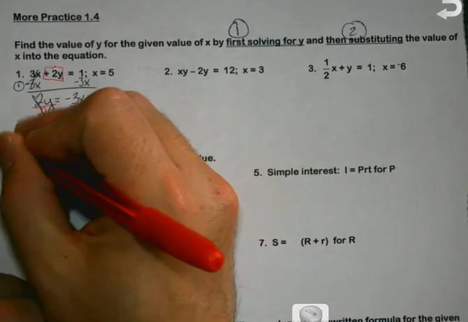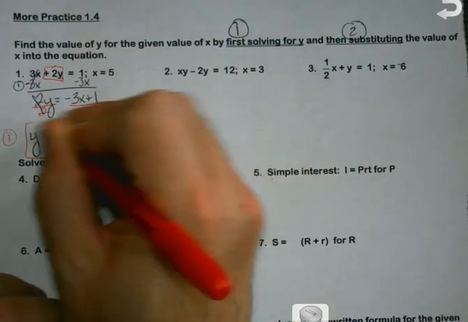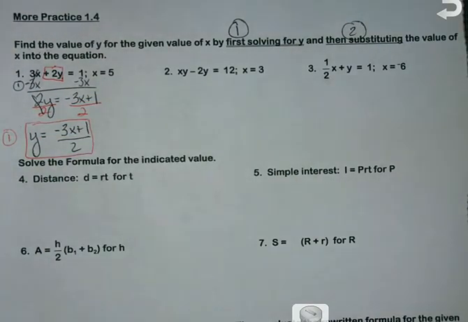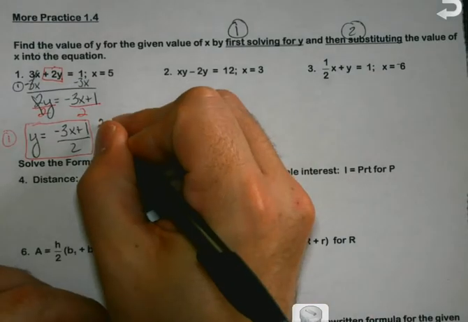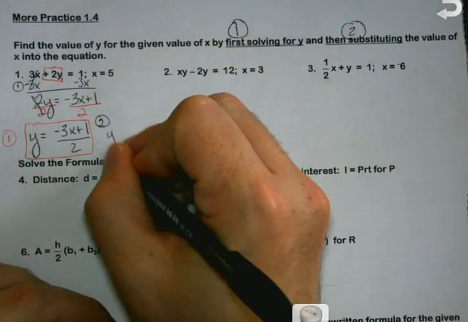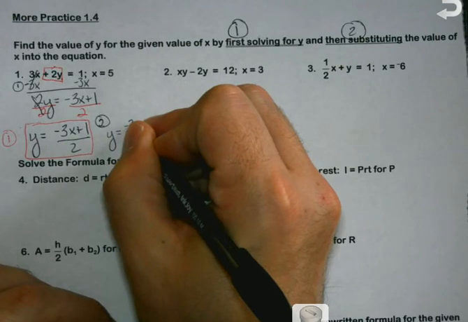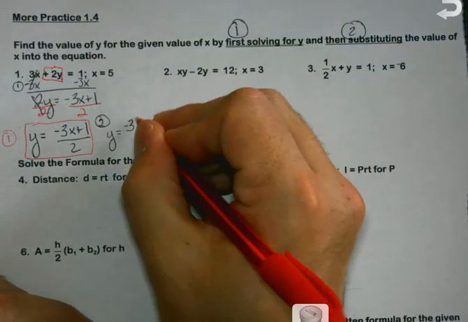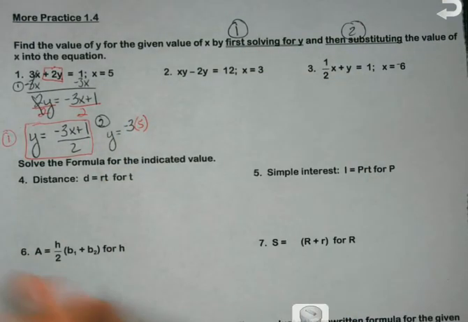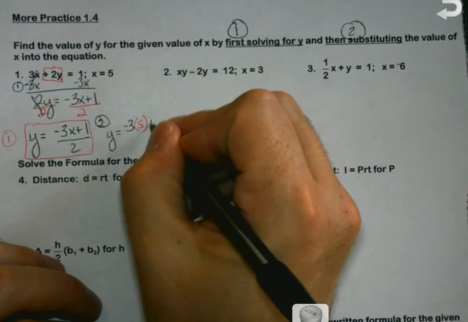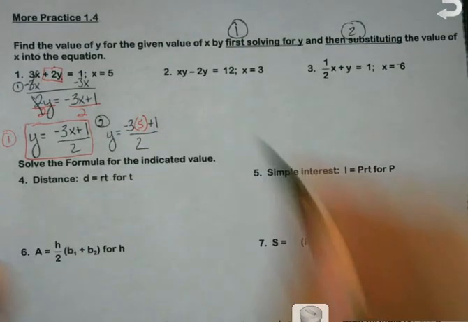Once I had that set, then what I'm going to do is, now I'm just going to plug in the 5 where the x is at. So my last step is going to be to plug in 5 where x goes and calculate this.